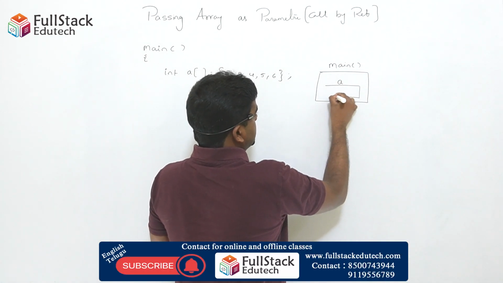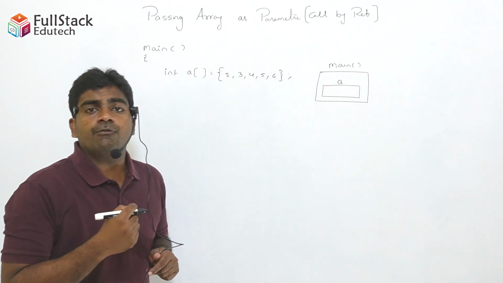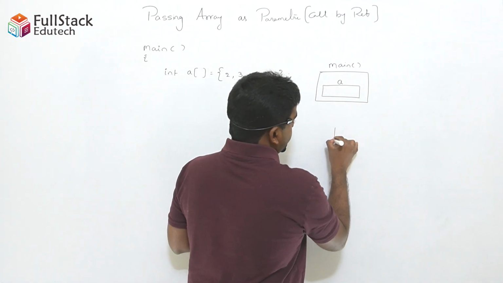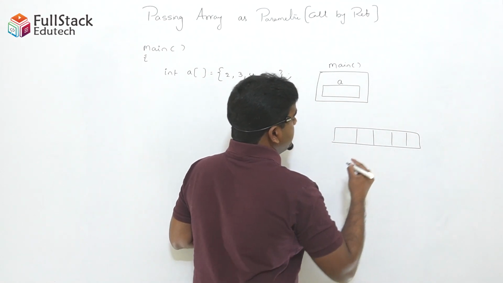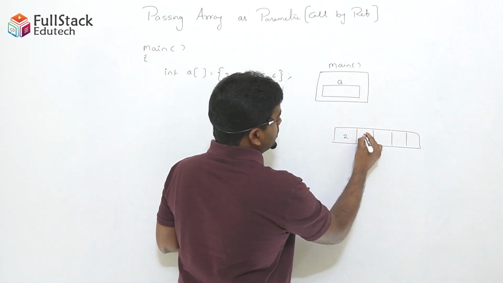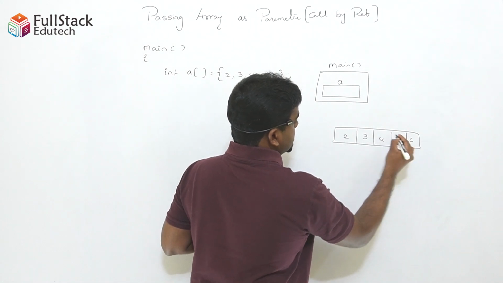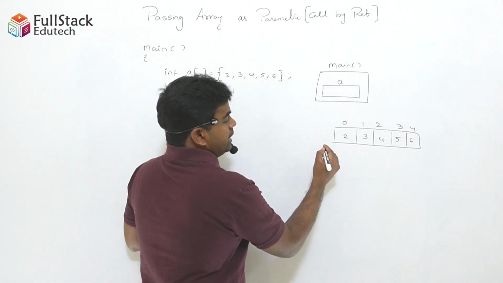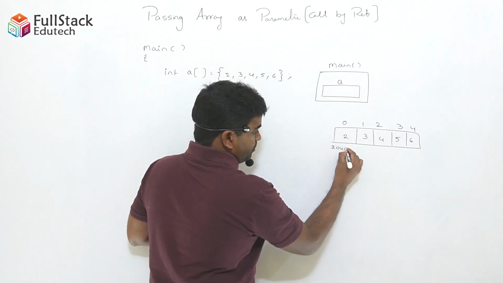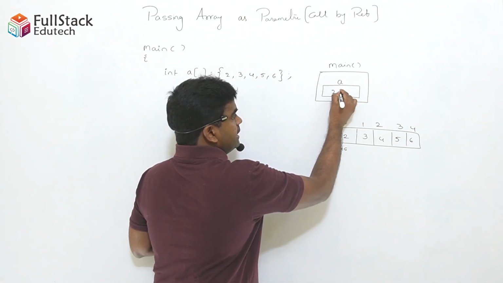A holds the address of what? The array will get side by side memory allocations: 2, 3, 4, 5, 6, with indexes 0, 1, 2, 3, 4. It holds some address, and that address will be stored here.